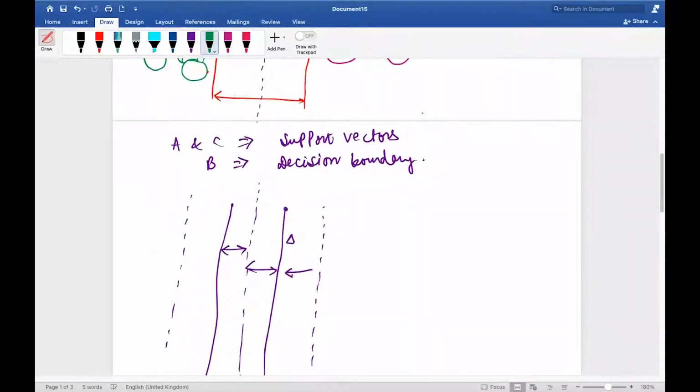Decision boundary is a separator, correct? So can we call it a hyperplane? Now you know what support vectors are, what a decision boundary is, why we call it a support vector machine, and how you can perceive it as a hyperplane. Also, how SVM works, right?